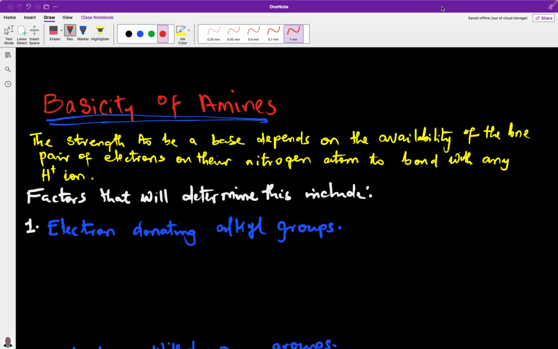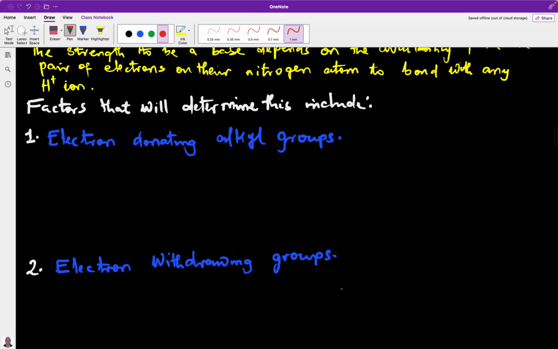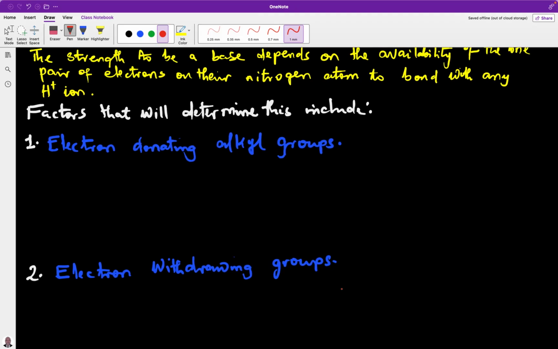Some of the factors that will determine the availability of the lone pair of electrons on the nitrogen atom to bond with a hydrogen ion are, first, the presence of an electron donating alkyl group. When there is an electron donating or electron releasing alkyl group on an amine, what happens?